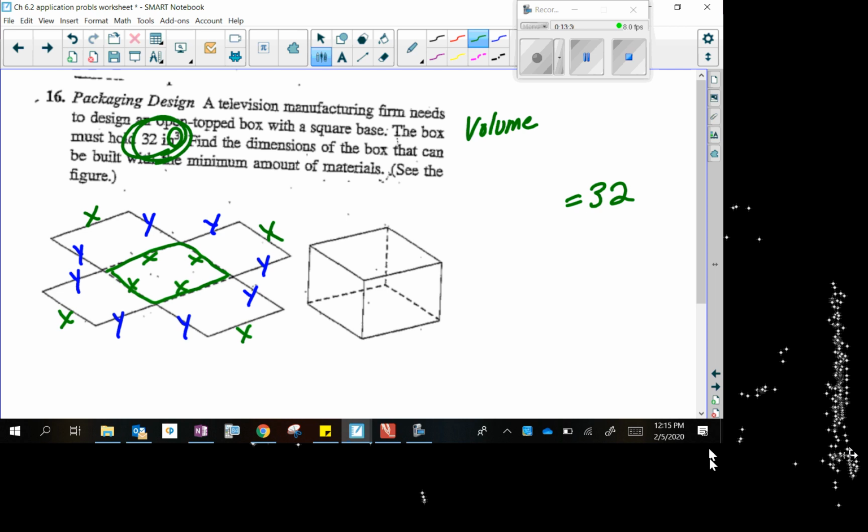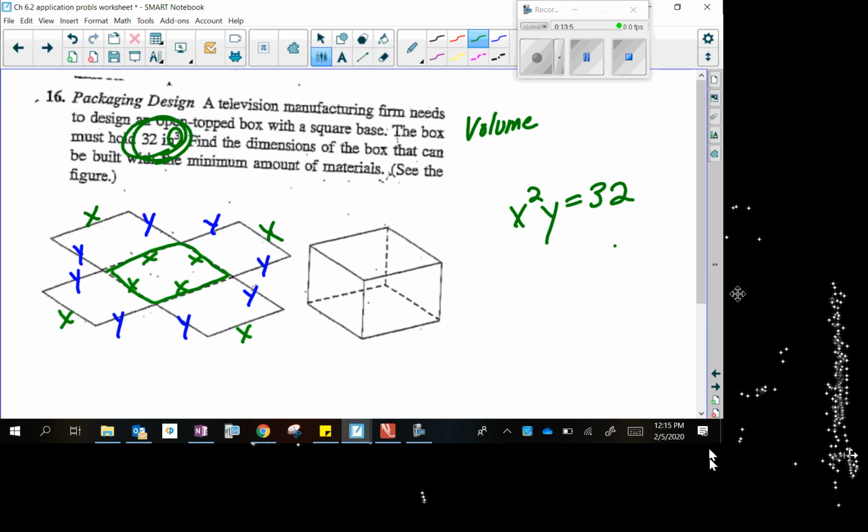So volume is going to be what? Right. Because when you think of volume, the formula is length times width times height.